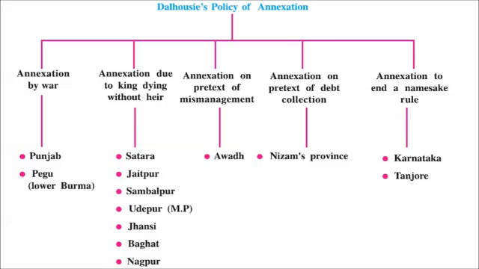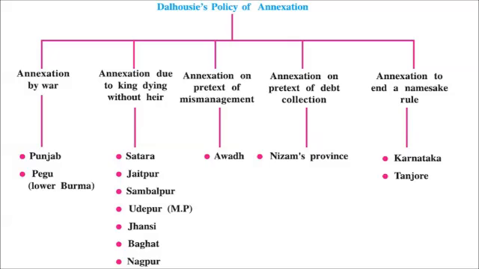Heir means the one who is legally allowed to take over the position of the one who dies. Position, that is, it could be throne or money or property. But it is legal. So here he took away the property of those kingdoms where the king died without any next generation.